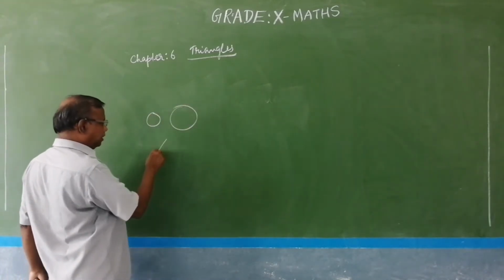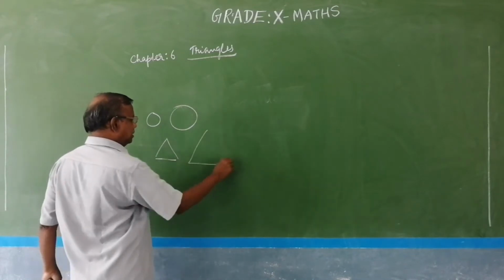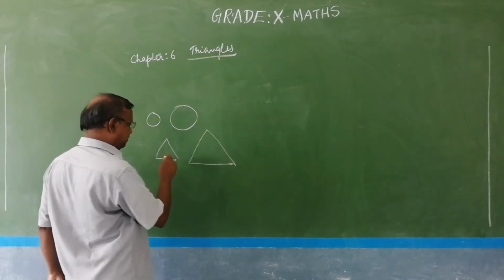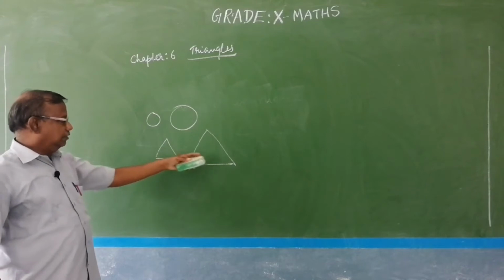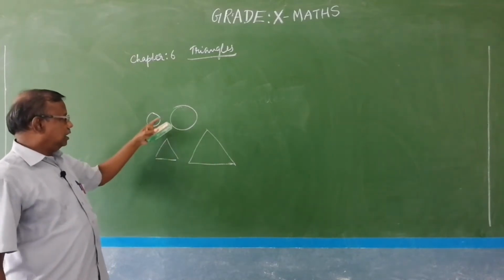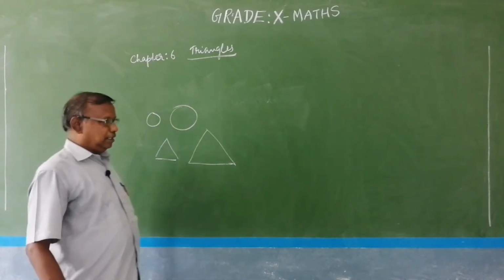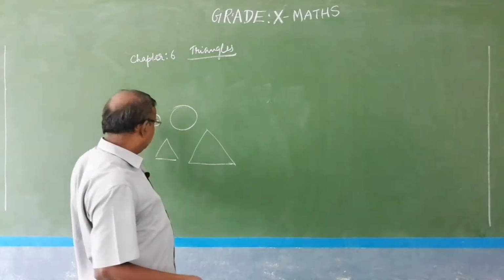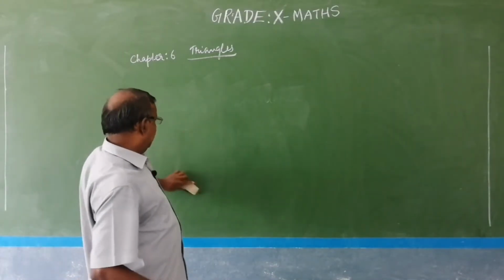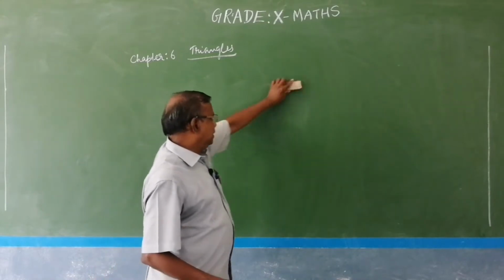Similarly, all the equilateral triangles are similar, though the length of the sides may vary. We can say many objects, parallelograms like that, are similar, but the congruency we can't say like that.